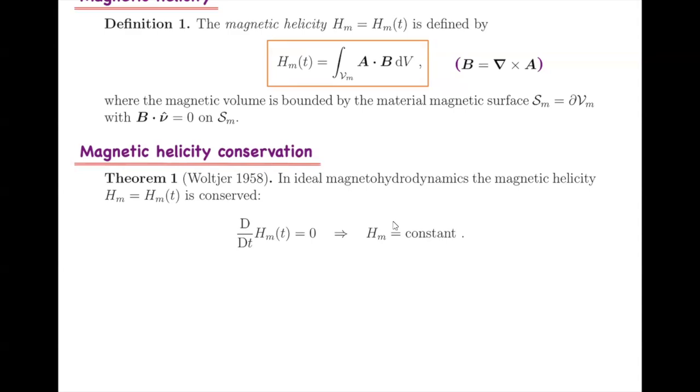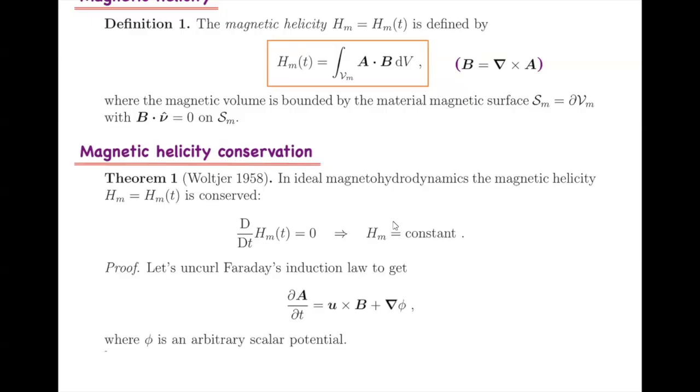So this is the work of Woltjer. I present the derivation in my modern terms, and you find this derivation in a couple of books, not many books around. But anyway, this goes this way. Faraday's induction is the starting point, the equation I showed you at the very beginning, and then you uncurl it.